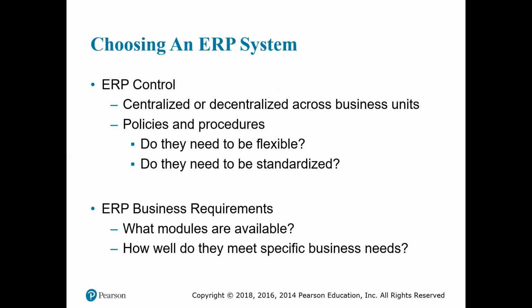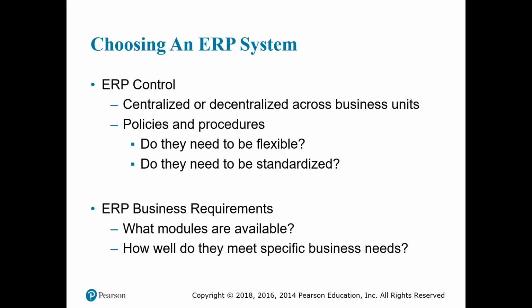Given the benefits of using ERP, organizations have implemented ERP systems into their businesses. But choosing an ERP system is a difficult task that needs to take into account both business needs and system functionality. The system selected must support the business management practices of centralized or decentralized control, which often hinge on how much flexibility and independence individual business units have.